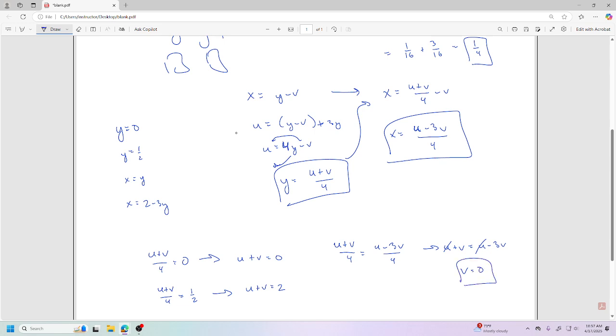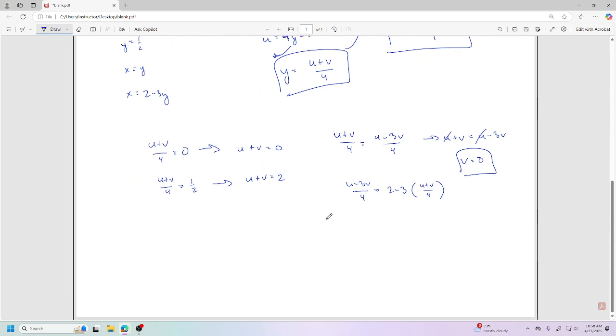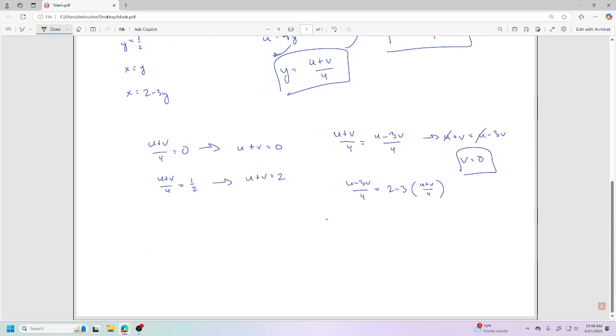Okay, so like that's a hard set number, which is fine. We're going to use that here in a second. Last one, let's plug it in over there and see if I might not even need to do this, but we'll do it anyways. U minus 3v all over 4. 2 minus 3 times u plus v all over 4. Now I need to solve this dude. I need a common denominator, so this will be an 8. This 3 will go up in the numerator here.